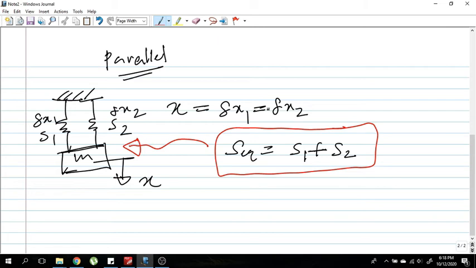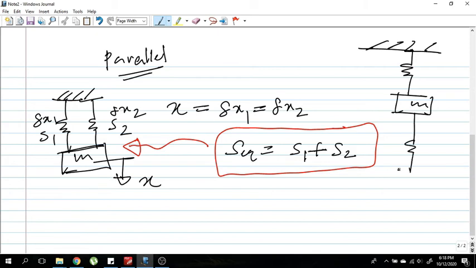This is one configuration of the parallel system, and there is another configuration. If you have a spring mass system like this, and you displace this mass m by a distance x, then what would happen?